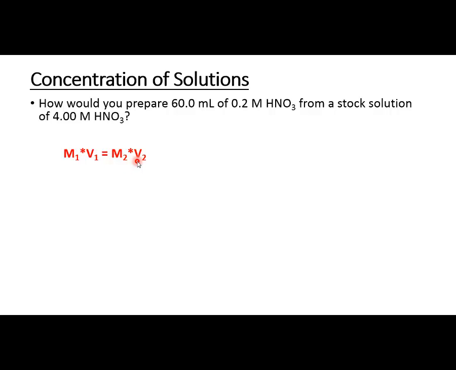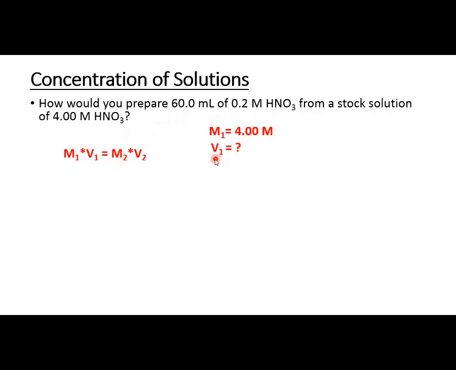Now, to keep track of all of your variables in equations like this, I recommend setting up a simple table where you have initial conditions and final conditions. So I'm going to set up my table. My first column is going to be initial conditions. M1, my variable for my initial molarity, is 4 molarity. My volume 1, my initial volume, I don't know. I'm not sure how much of the stock solution I should use in the dilution process.